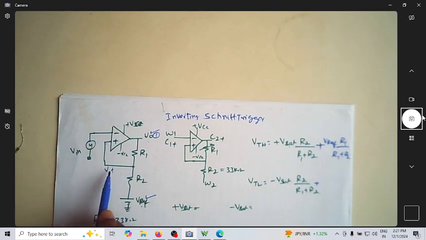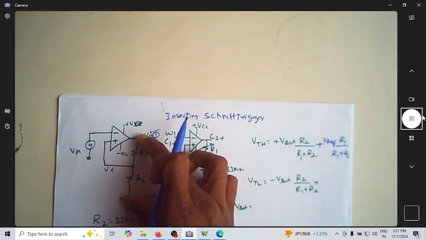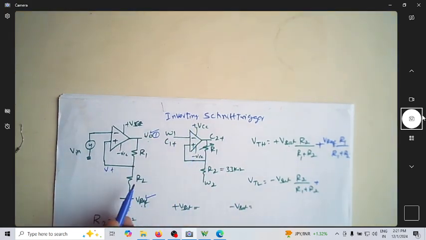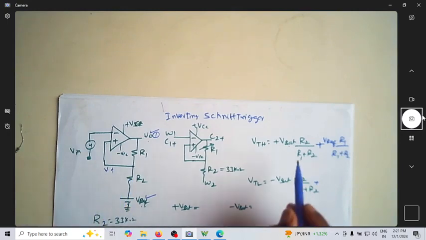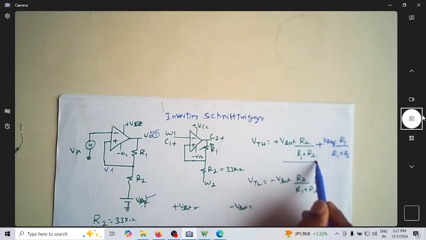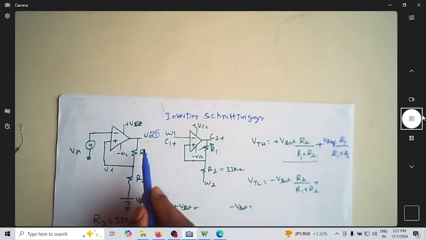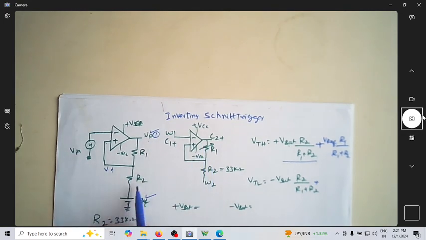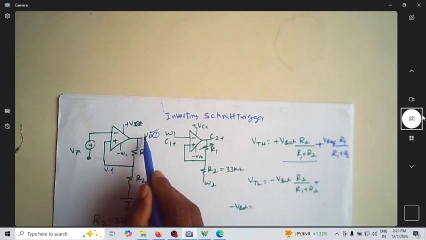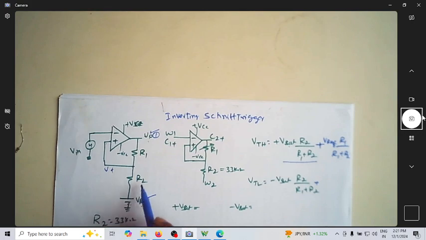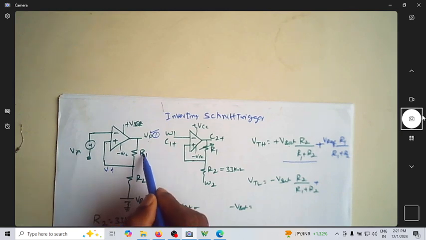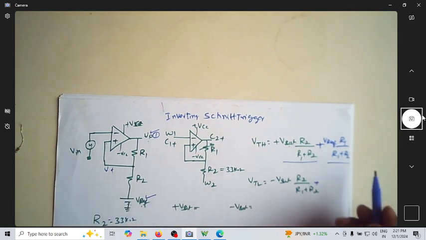If you want to find the voltage at any node when both voltages are there, you consider one voltage at a time. When I make V naught 0 and consider this, the voltage at this point is V reference multiplied by R1 divided by R1 plus R2, which is the second term.